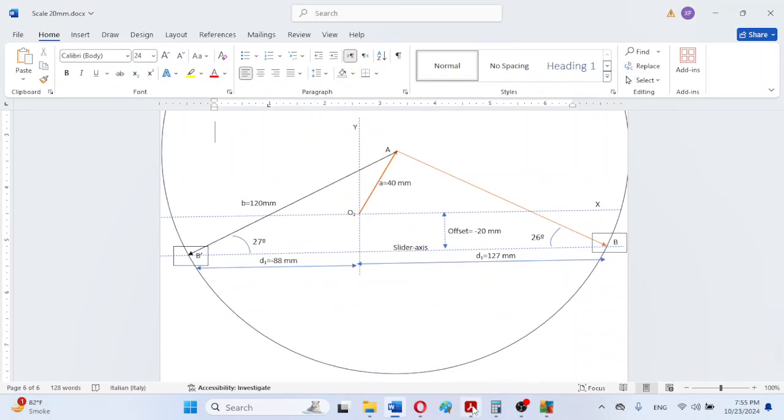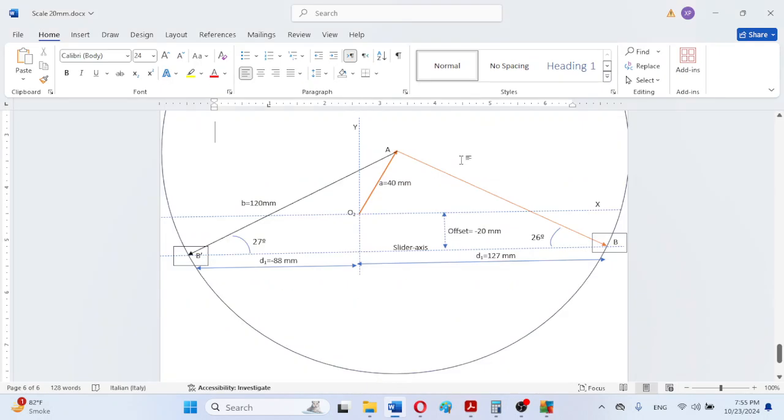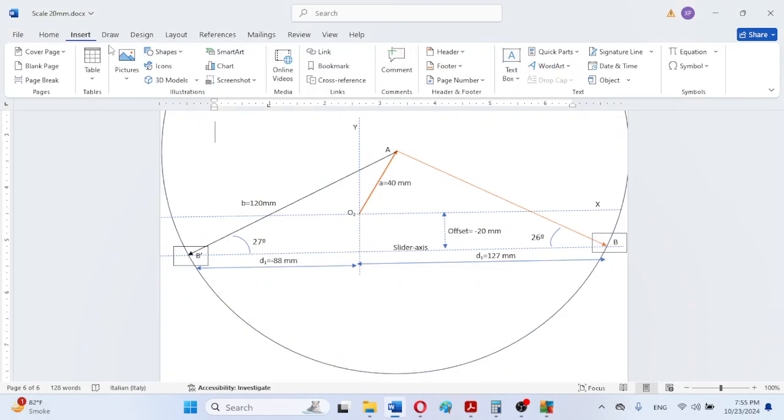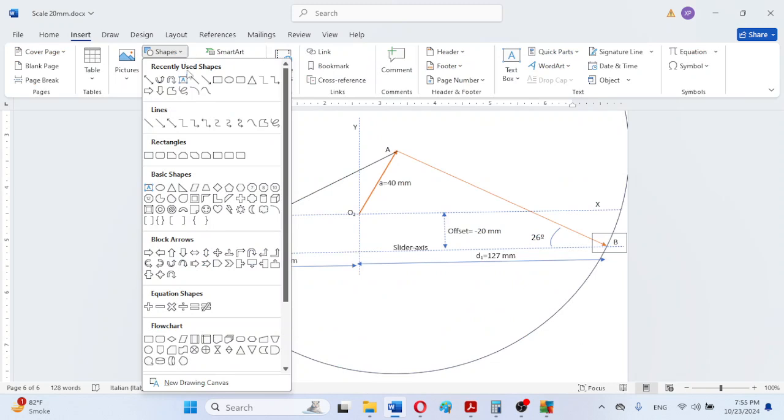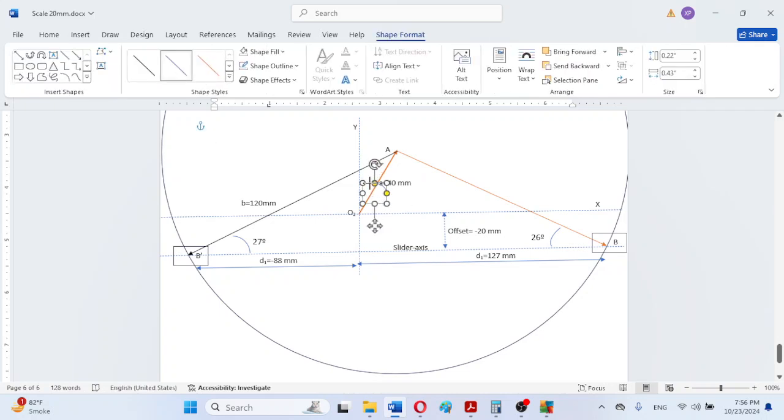Now, as the rotation of the crank is clockwise, we can first represent it by, for example, using some arc just to represent the rotation.